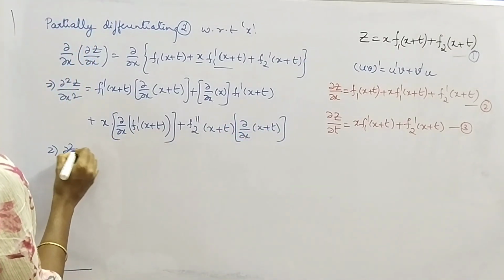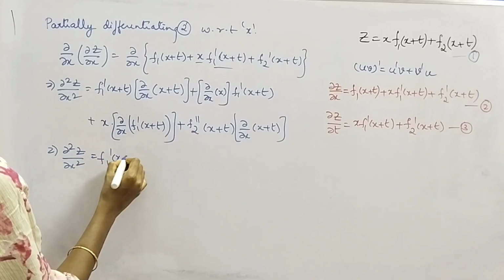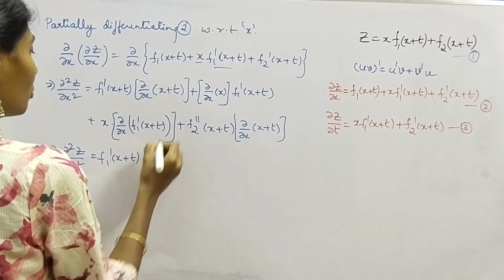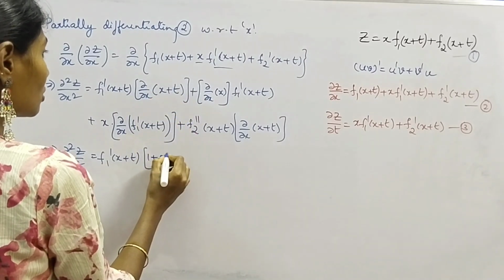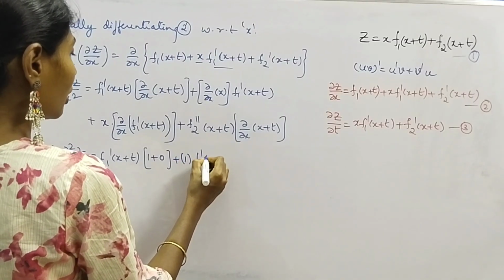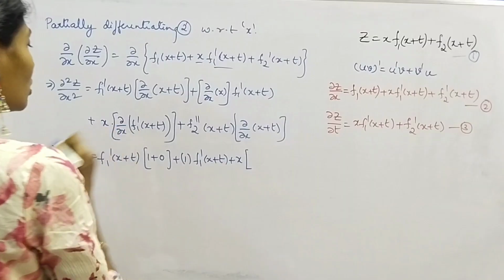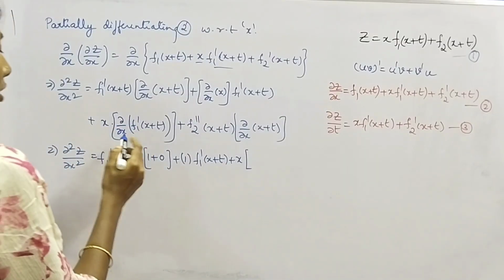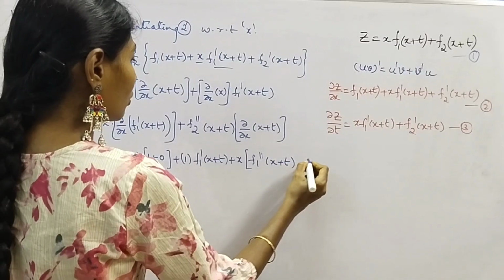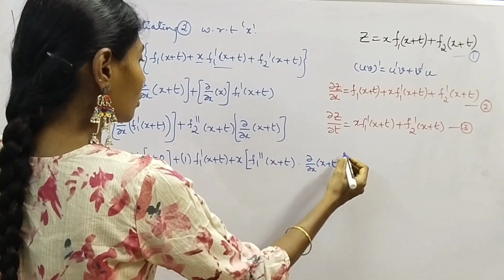This gives us dou square z by dou x square equal to f1 prime of x plus t into partial derivative of x with respect to x is 1 plus partial derivative of t with respect to x is 0, plus partial derivative of x with respect to x is 1 into f1 prime, plus x times partial derivative of f1 dash with respect to x, which is f1 double dash, into inner derivative dou by dou x of x plus t.